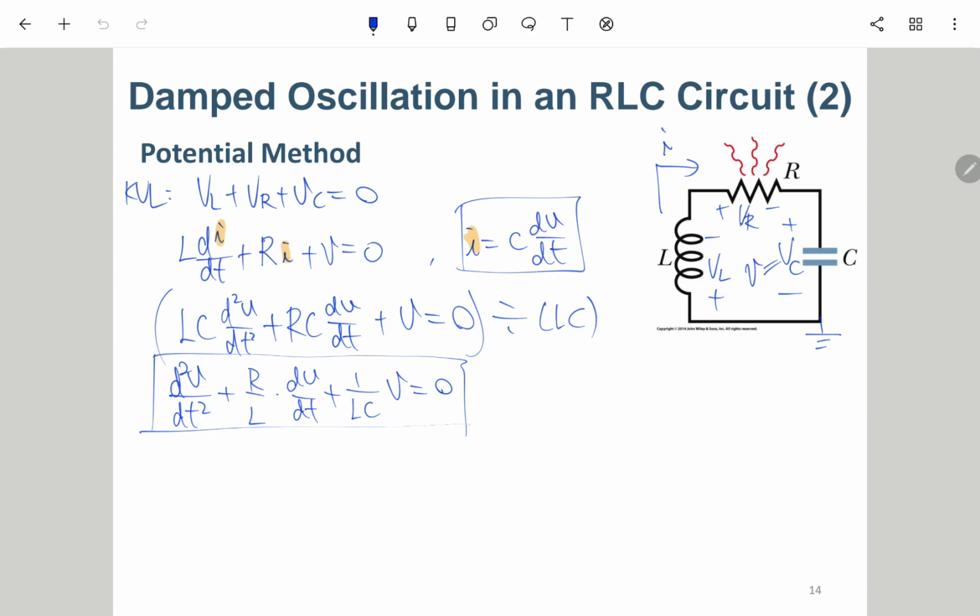So here we have a second order ODE, and we don't have anything on the right side because we don't have any source. It's just a homogeneous equation.